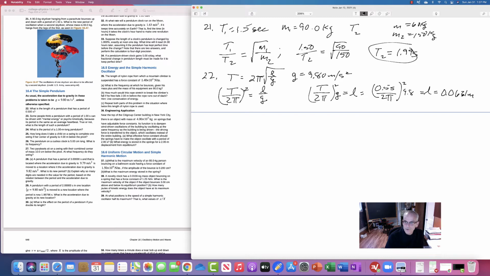Okay, and so that's going to be 6.21 centimeters.